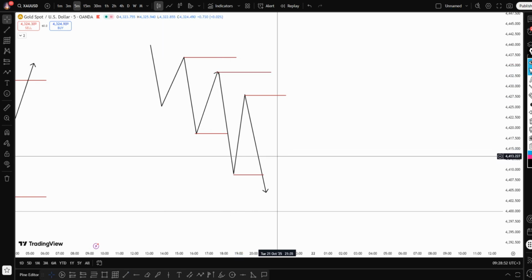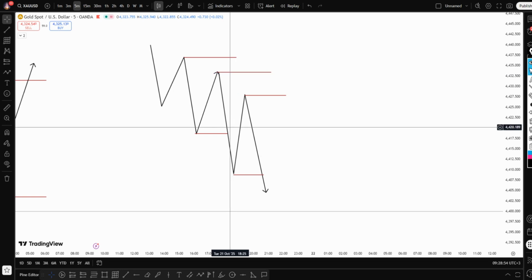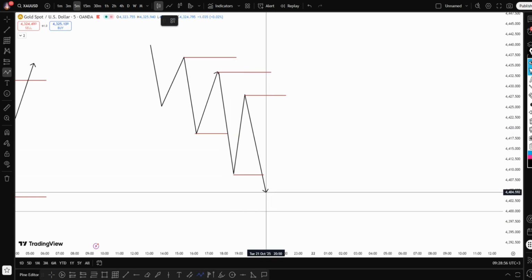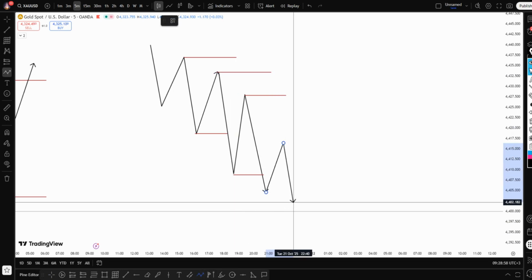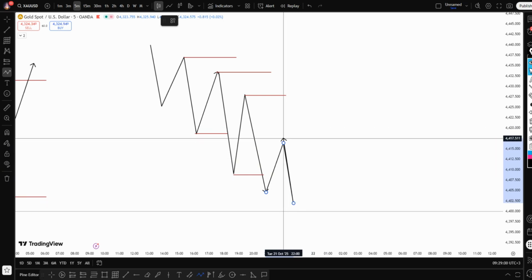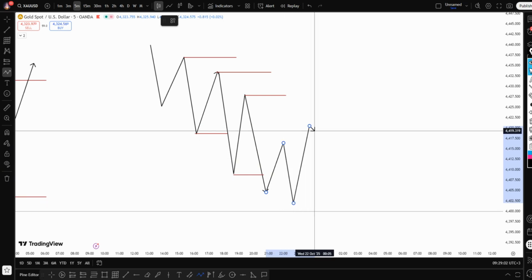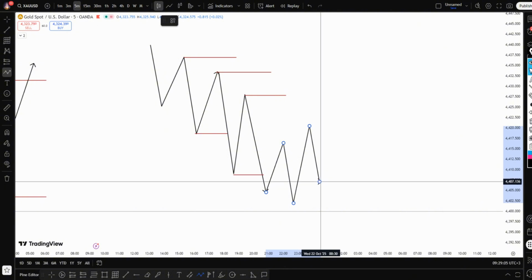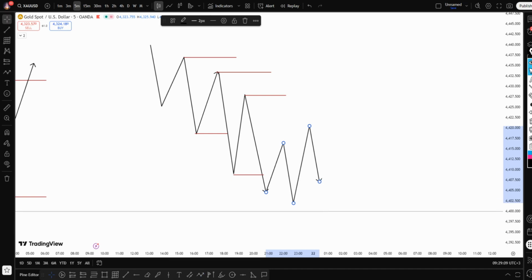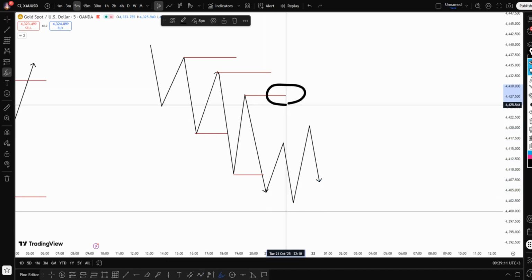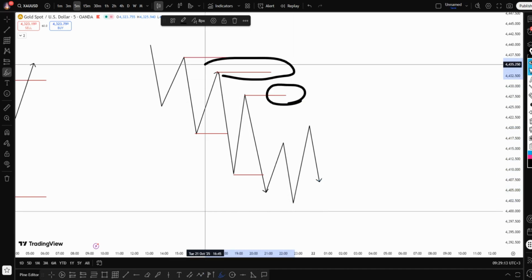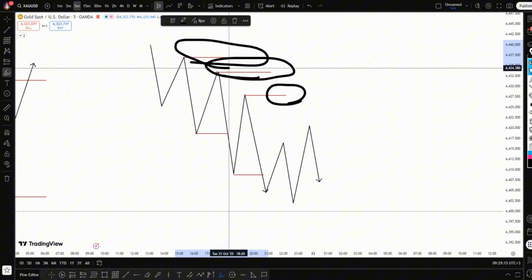So when do we actually target these liquidity levels? When price is downtrending, when it gives us our market structure shift right there and comes back into the range, now our target will be this liquidity. This liquidity is a valid liquidity area. This is another valid liquidity area, and this is another valid liquidity area.